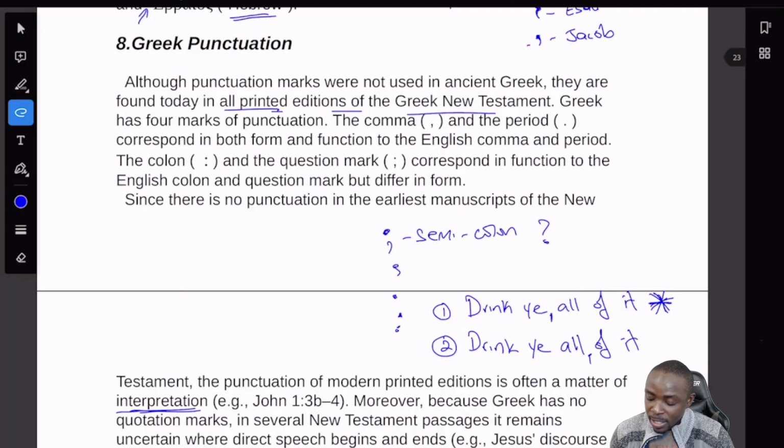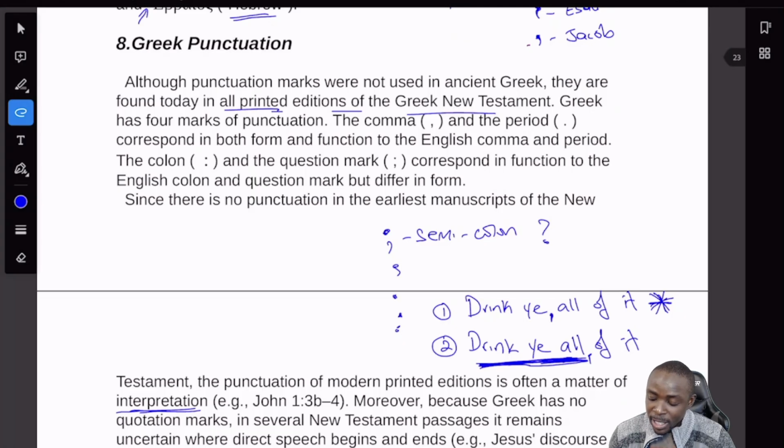This one is drink you all, right? And some persons take that to mean everyone should drink from the same cup. And I think in Roman Catholic circles, if I'm not mistaken, sometimes the priest just has a little cloth that he wipes, but everybody comes and drinks from the same cup. Because drink ye all, because of where they put the punctuation.